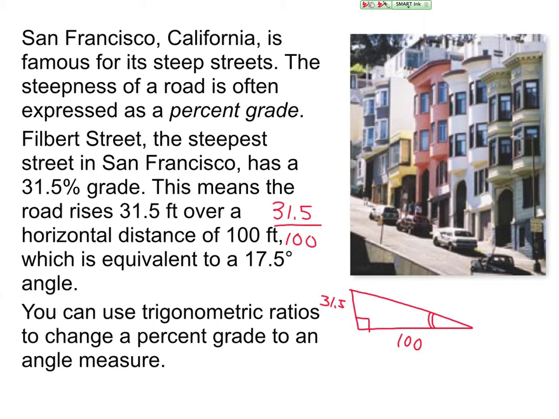So tangent inverse of 31.5 over 100. So what angle has that as a tangent? Is it 17.5 degrees? That's what I have up here that I worked already. 17.5 degree incline. You have any idea what that's like?